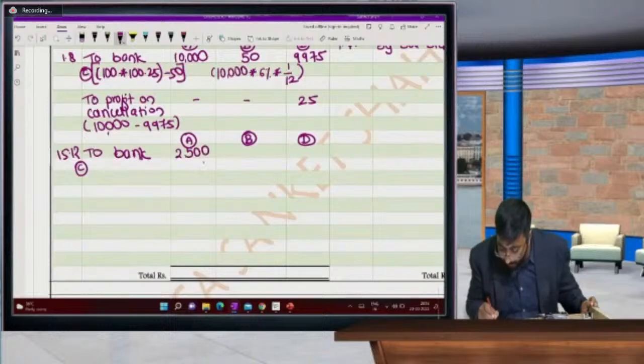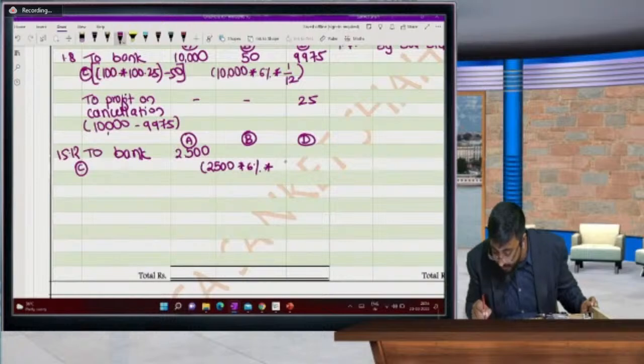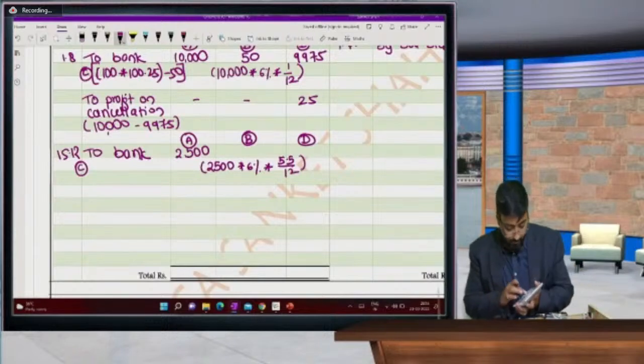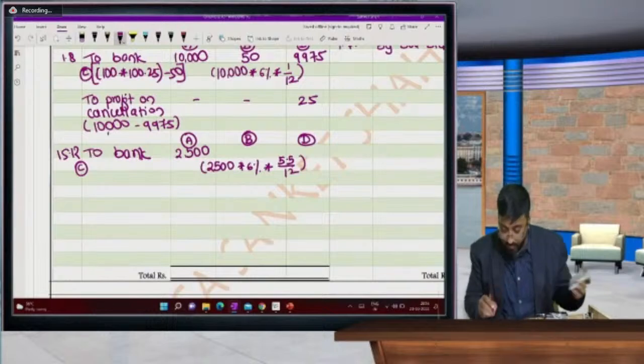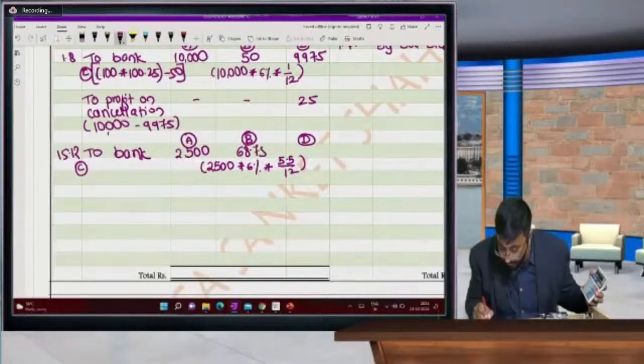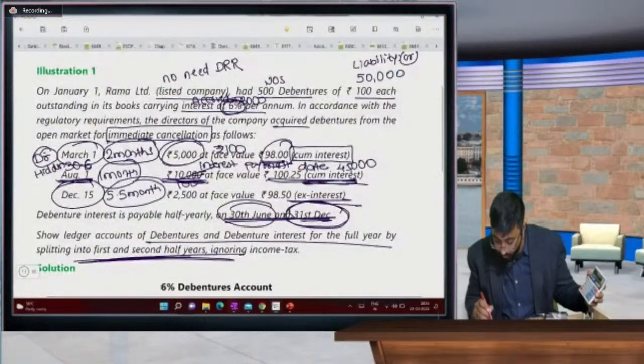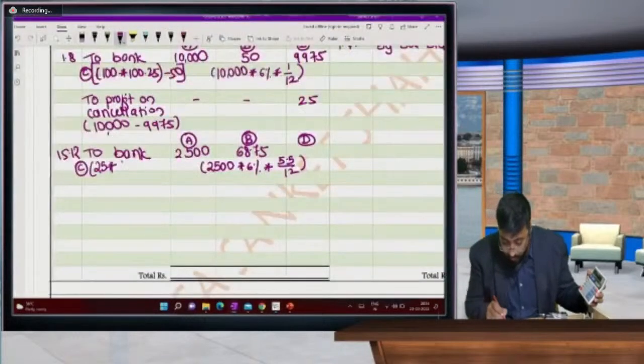2,500 into 6% into 5.5 divided by 12. 2,500 into 6%, 68.75. 25 into 98.5.